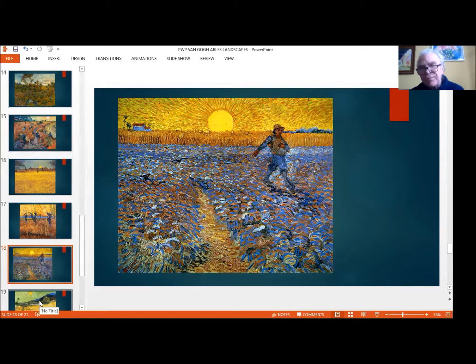Now this painting Van Gogh made probably in the high summer when he was in Arles. He got the idea from a French painter called Millet, who did a painting called the Sower, and he also did another famous painting called the Gleaners.